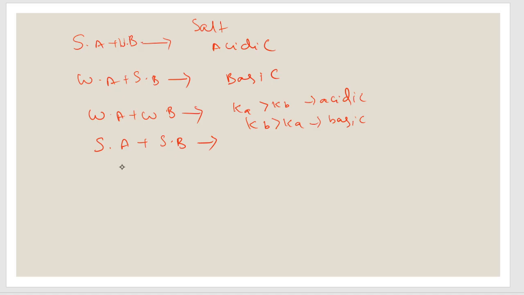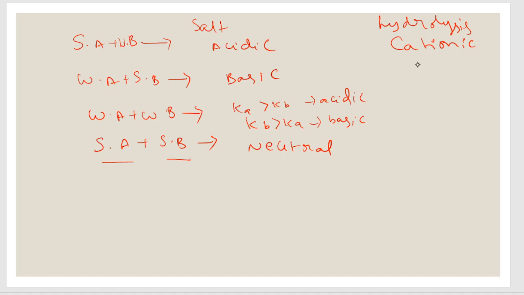Then if it is from strong acid and strong base, we can say that the solution is neutral in nature. Understand or not? Next, what type of hydrolysis are these salts undergoing? In the case of acidic salt, it is undergoing cationic hydrolysis in most of the cases.